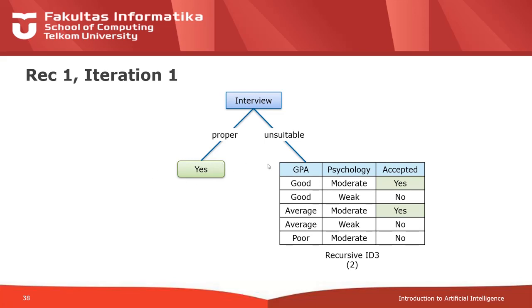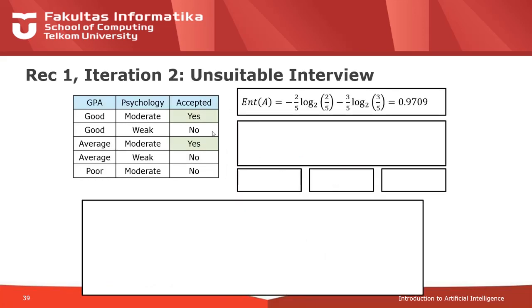So that means that we will need to process this other table. So let's go and process this smaller table. And for this smaller table, we do exactly the same as we did before, but in this case, we are doing it with the smaller table.